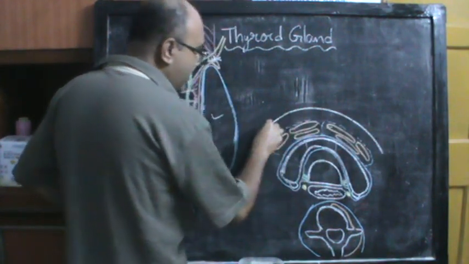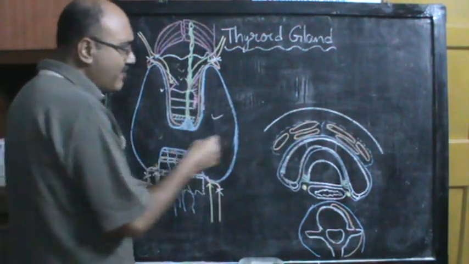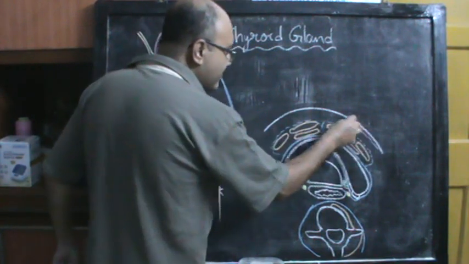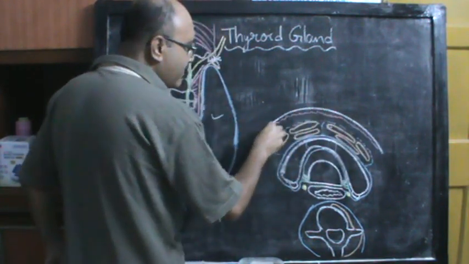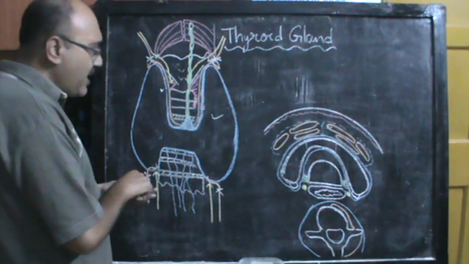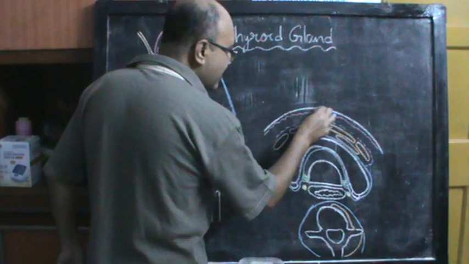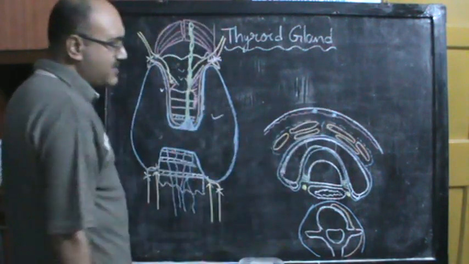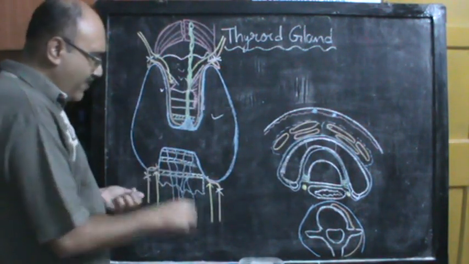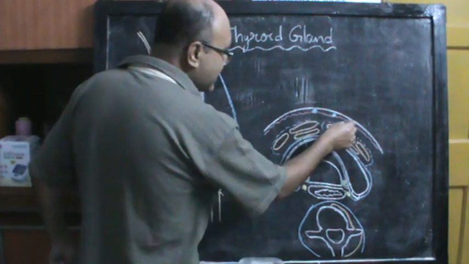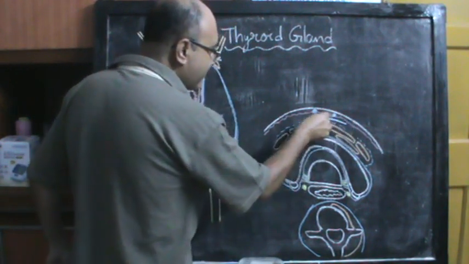In the subcutaneous tissue you have the platysma muscle and the superficial fascia, and not only that, in the superficial fascia you also have the anterior jugular veins, and apart from that you have an investing layer of the deep cervical fascia.